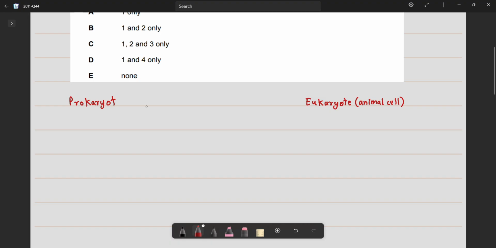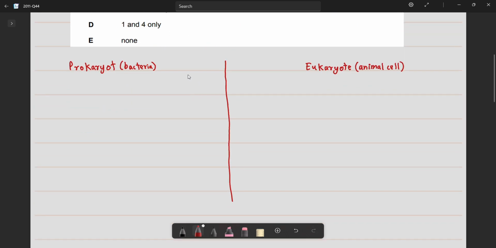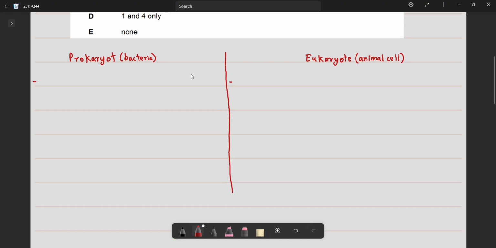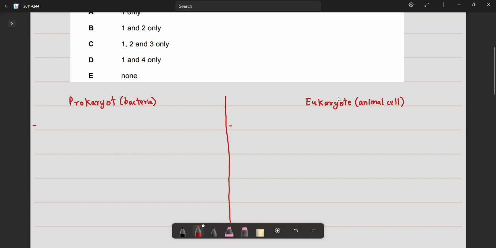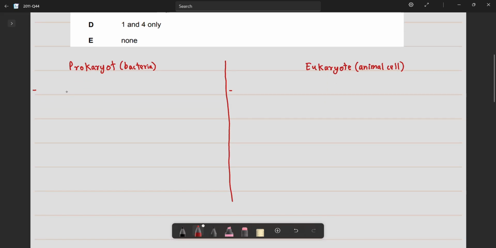For your ease, I'm going to just write a basic example like bacteria. As we were discussing, glycogen is found in both, but in quite different forms.